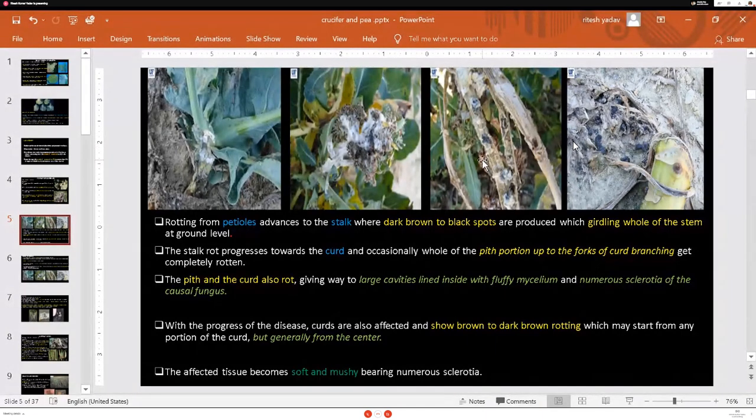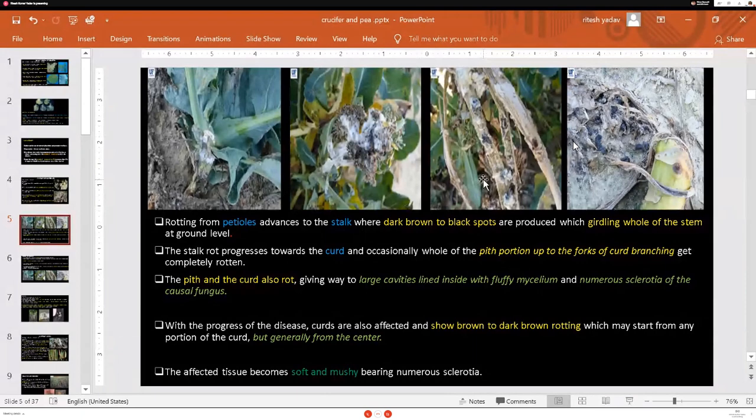Generally, if you longitudinally split the lower stem, large cavities are formed and they are lined with black, round to oval sclerotia. So numerous sclerotia are formed.